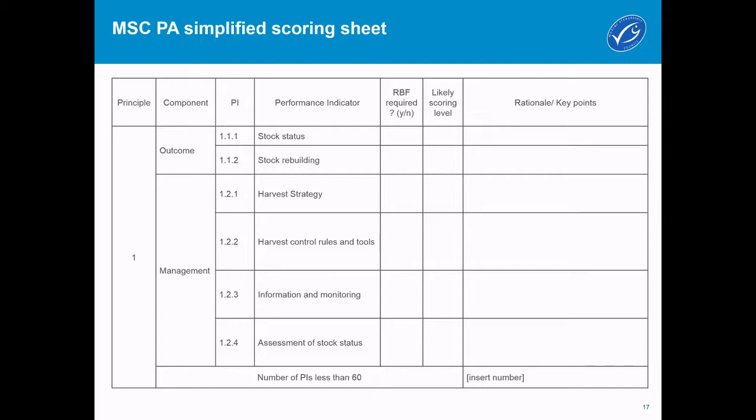Alternatively, I know that Fish Choice have put together a preparation spreadsheet to help you upload your information, and I think it lists the scoring in a similar way. So to avoid duplication of effort, it might be best to go straight to that spreadsheet and enter your scores there.